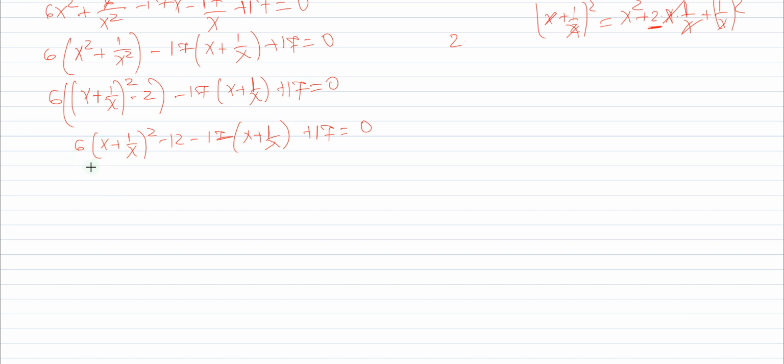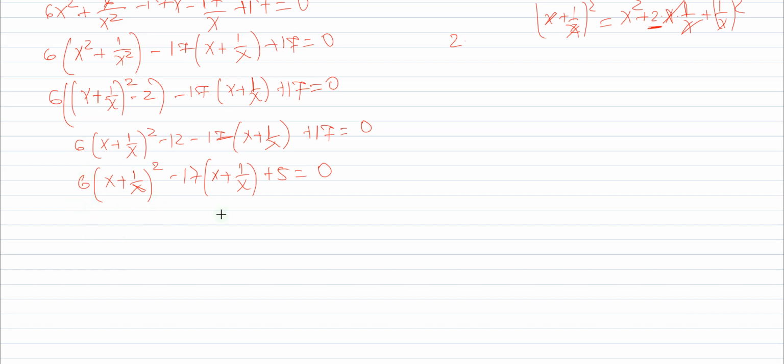Then we have 6 times (x plus 1 over x) squared, minus 17 times (x plus 1 over x), and then minus 12 plus 17, which is 5, equals 0. I'm going to change the color because the red one is giving me some problems.